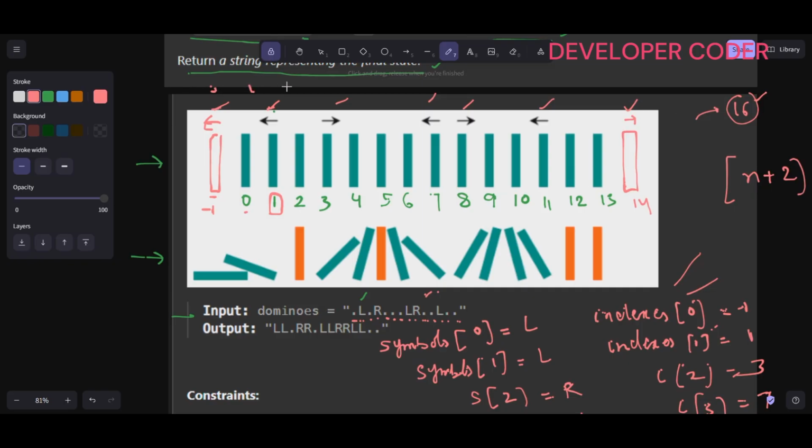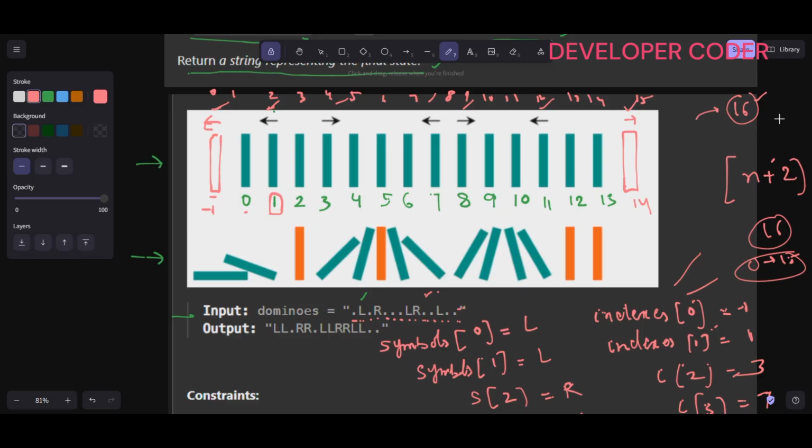So if you see 0 1 2 3 4 5 6 7 8 9 10 11 12 13 14 15. If I'm passing n plus 2, the original n value is 14, 14 plus 2 is 16, that simply means we have values from 0 to 15, total 16 values, right?